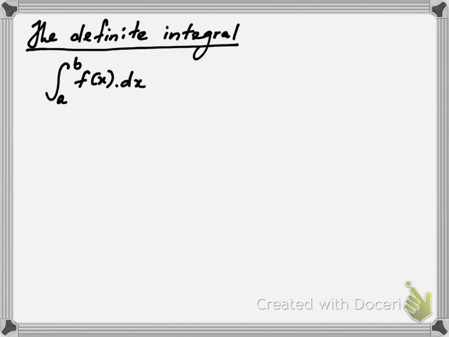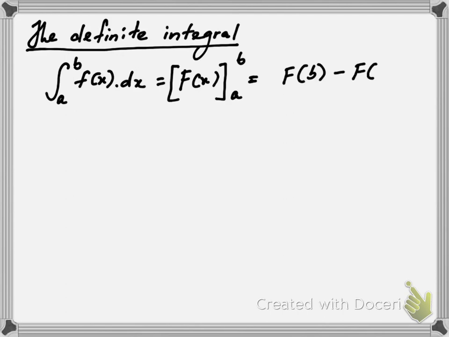It is equal to capital F of x, and we put square brackets and we put the limits, and if we substitute a and b, we get F of b first, minus F of a, and so that is what the definite integral is all about.